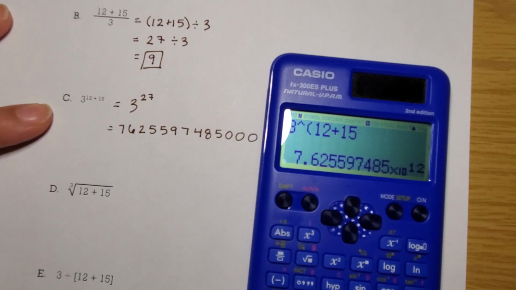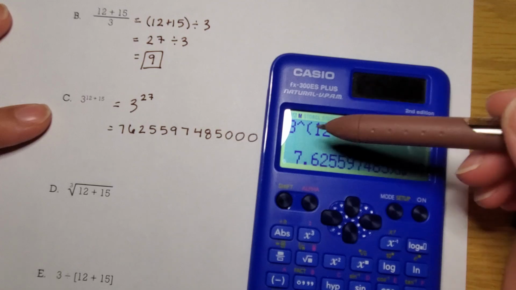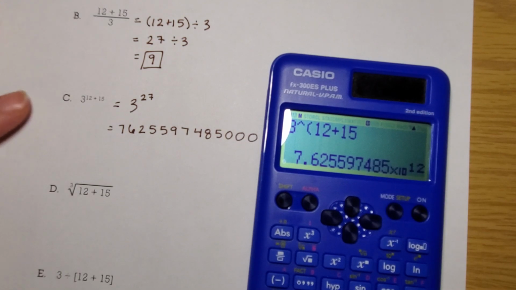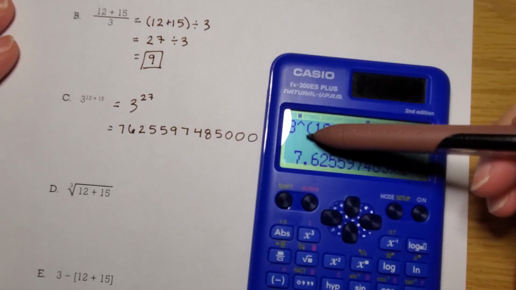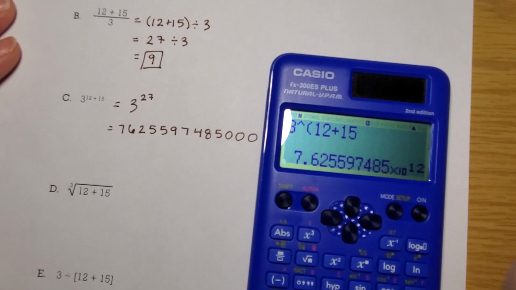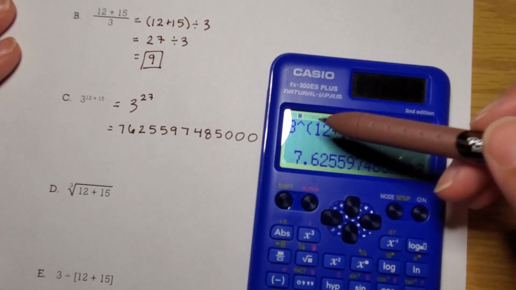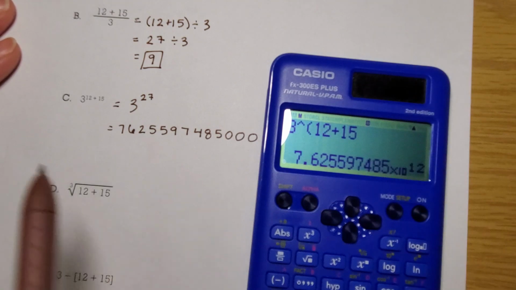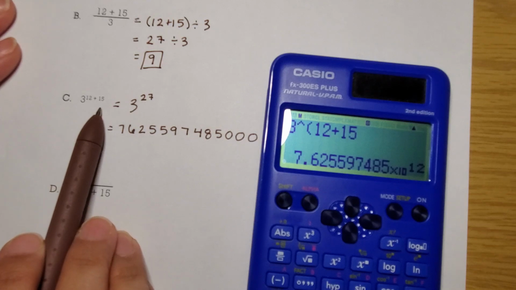Oh my goodness, this one didn't break because it put that parentheses out in front. Oh goodness. All my calculators are deciding not to break on me today, making me look like a fool. Well, trust me, there are some calculators that won't put that parentheses there and then it'll end up breaking. So just be mindful. If your calculator doesn't put a parentheses there, make sure you put it there if you have operations happening up in the exponent.